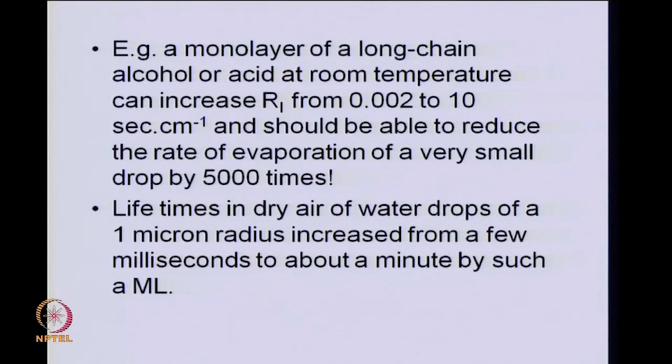it should be able to retard the rate of evaporation by a factor 10 by 0.002, that is about 5000 times. So, presence of these long chain alcohols or acids could actually increase the lifetime of the droplets by over 3 orders of magnitude.